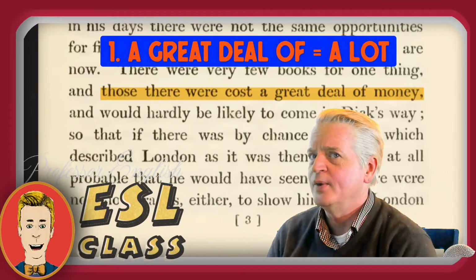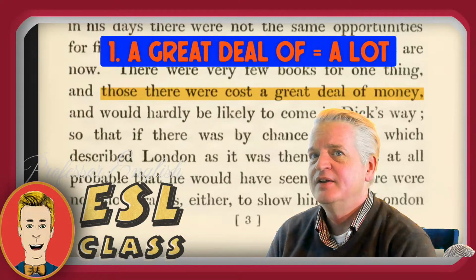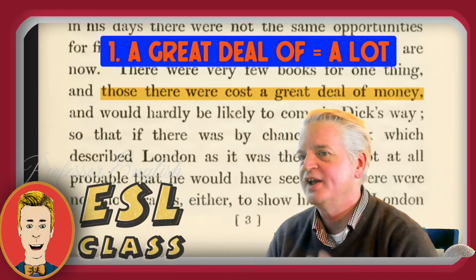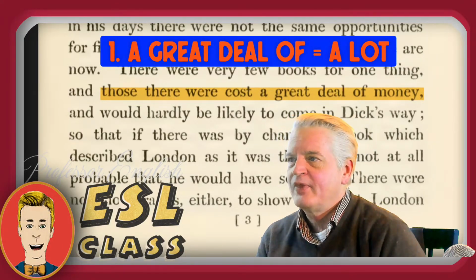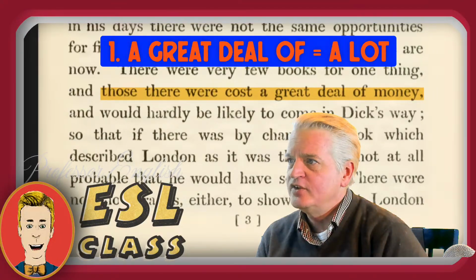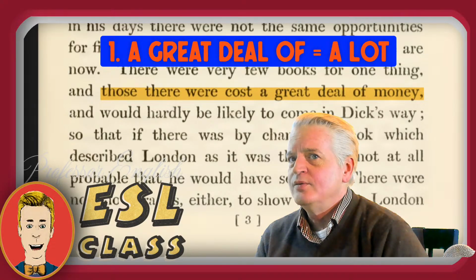No, they weren't free. They were expensive. What's another way to say expensive or a lot of money? A great deal of money. Books were a great deal of money. No, they weren't free. They were a great deal of money.